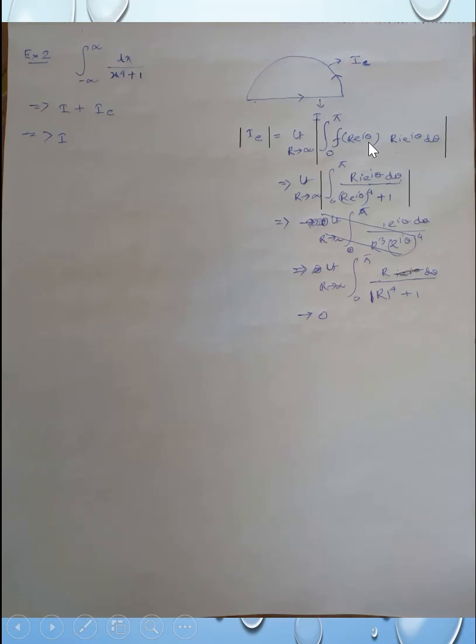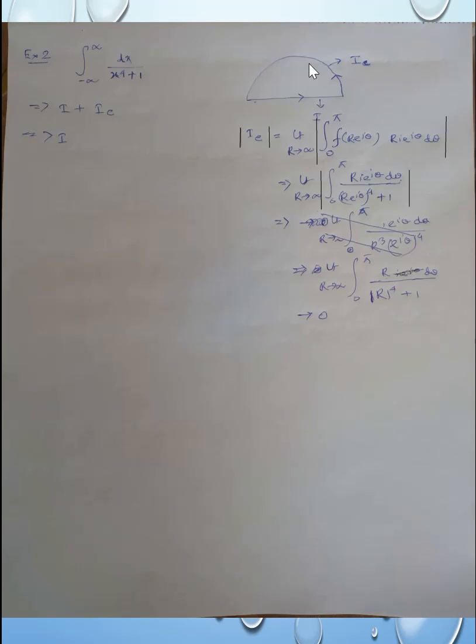You have to replace x by r exponential i theta. For the previous case, what had you considered? You had considered z equals exponential i theta. There you had considered r equals 1, that is, a unit circle contour, and you had considered the whole circle.